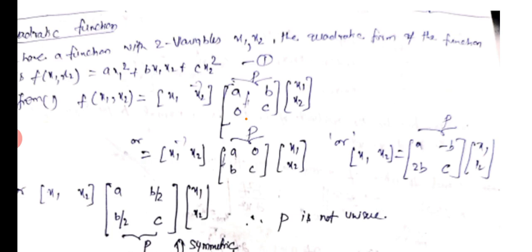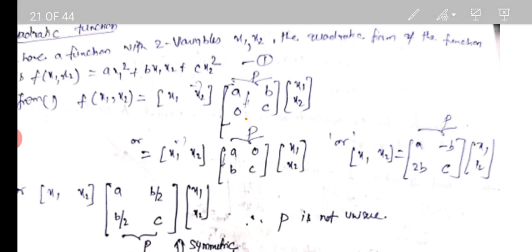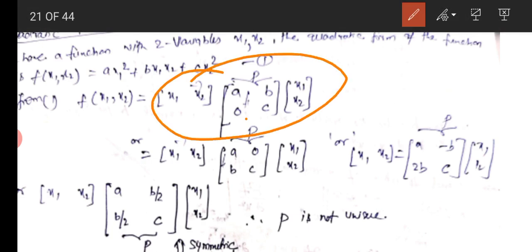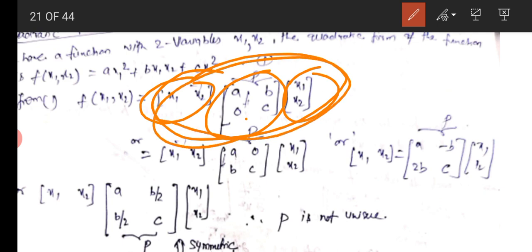Can we write this equation in this form? We take the vector x1, x2, write the coefficients a, b, 0, c in a square matrix, and multiply by x1, x2 and its transpose. When we multiply all this, we get a x1 square plus b x1 x2 plus c x2 square, right?